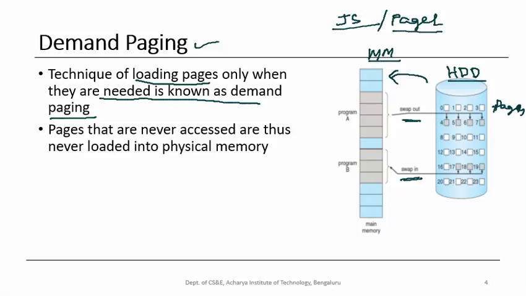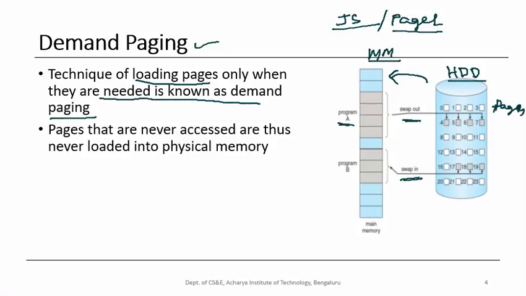Initially the whole main memory is empty, and if we have to run, let's say, program A, the pager will bring in only the essential pages, one or two essential pages of program A, into the main memory, and the CPU will start fetching the instructions of this process and executing them.